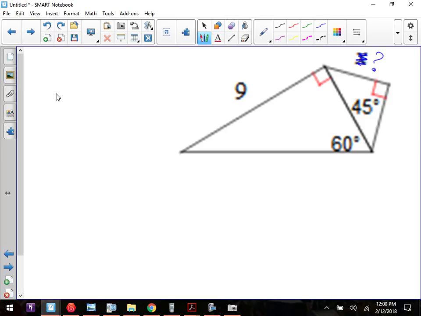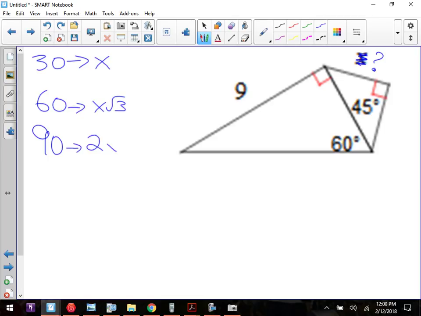So you write out your three side lengths. The 30, the 60, the 90. It looks at some value of x, x times the square root of 3, and 2 times that. So you have to set the 60 equal to 9.